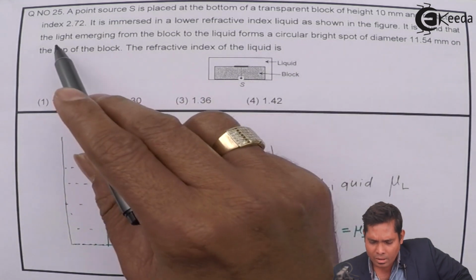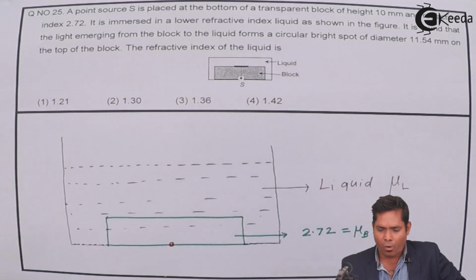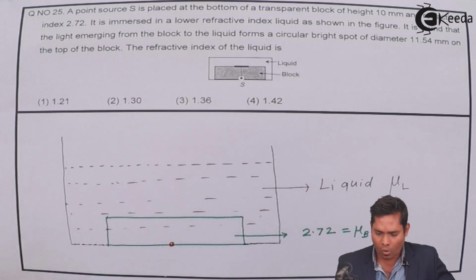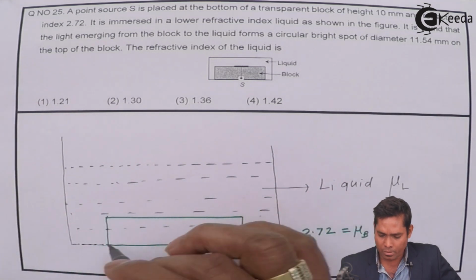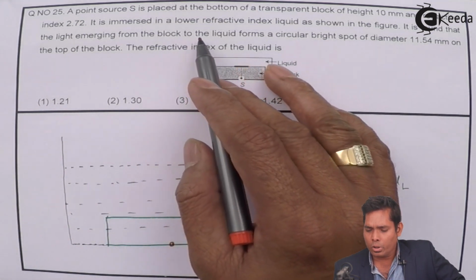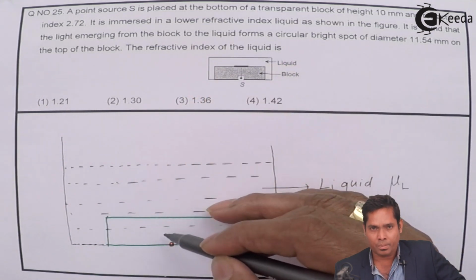It's found that the light emerging from the block, because the light will move in all possible directions, emerges from block to liquid, so it will come out because it's transparent.